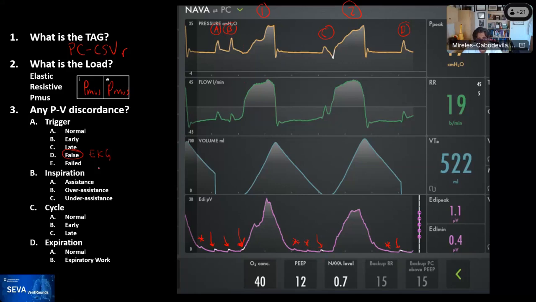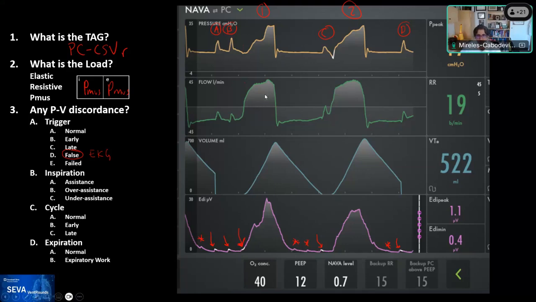And then during inspiration, let me ask the team, what do you think? Is there assistance, over assistance, or under assistance? In the two breaths that are normal, right? Not the false triggers.